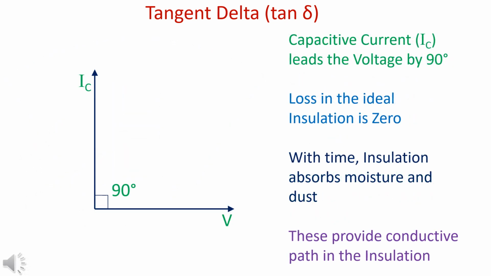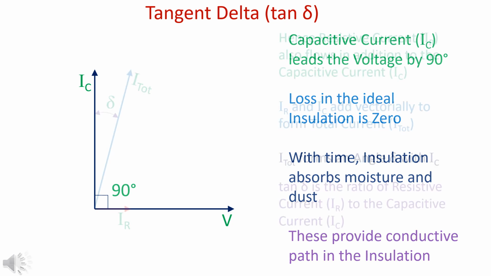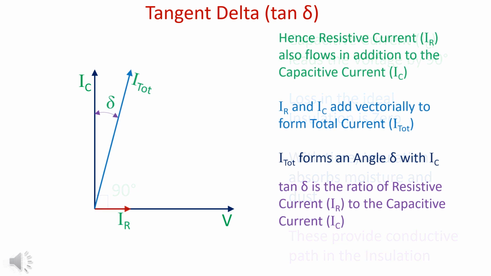In an ideal capacitor, capacitive current leads the voltage by 90 degrees, but insulation absorbs dust and moisture. These create conductive paths in the insulation. Hence, the resistive current also flows in the insulation. Resultant current forms an angle delta with capacitive current. Tangent of this angle is called tan delta. It is a ratio of resistive current to the capacitive current.